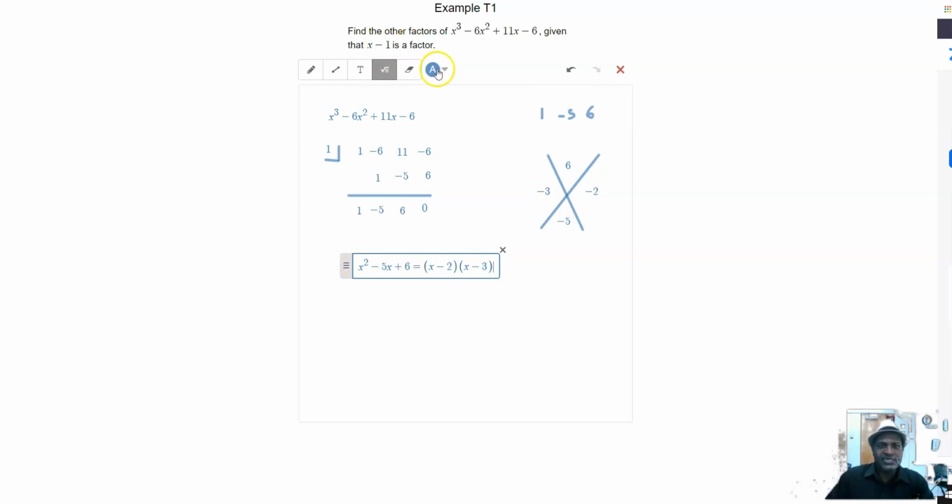And so these are the other factors that we've been searching for. Find the other factors of this polynomial given x minus 1 is a factor. These are they.